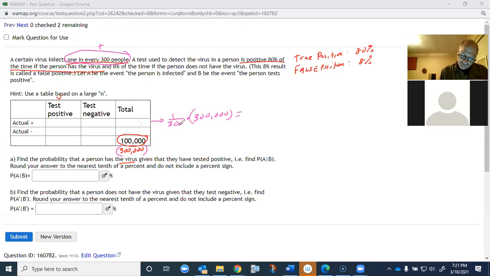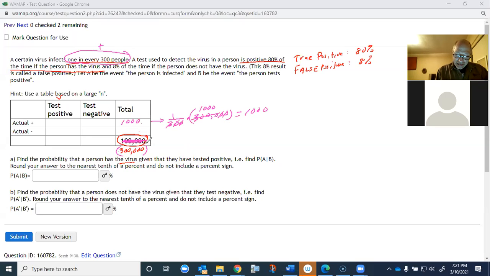So 1 over 300 times 300,000. A couple of zeros will reduce out of that, and then the 3 and the 3 will reduce, and that'll give you 1,000. So that gives you 1,000 people. 1 in every 300 means you'll have 1,000 people out of 300,000, right?